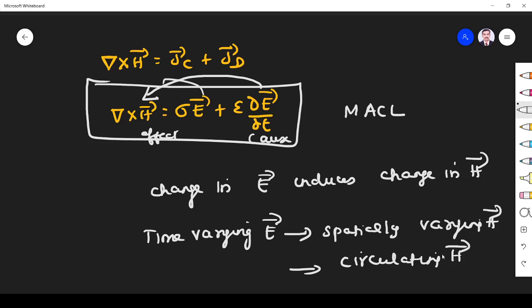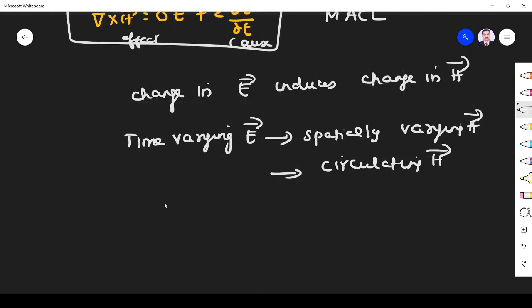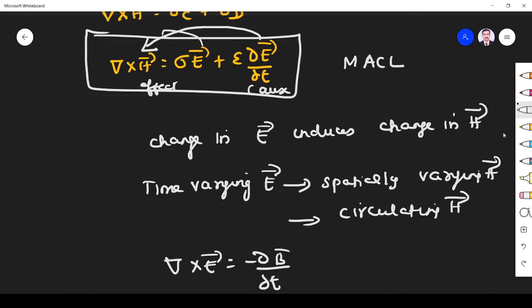So what does Faraday's law state? Faraday's law states a change in magnetic field will induce a change in electric field. Faraday's law, del cross E is equal to minus dou B by dou T. So see the beautiful difference. So in Maxwell's and Faraday's law, right, here you see change in magnetic field induces change in electric field. Here change in electric field induces change in magnetic field.